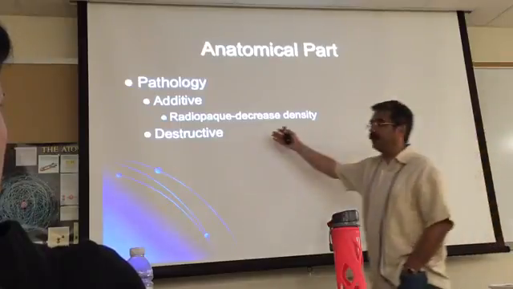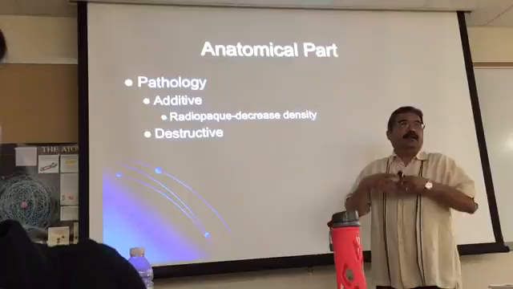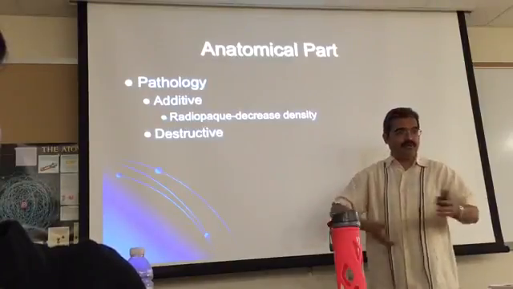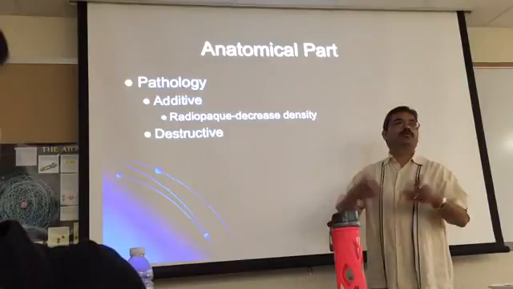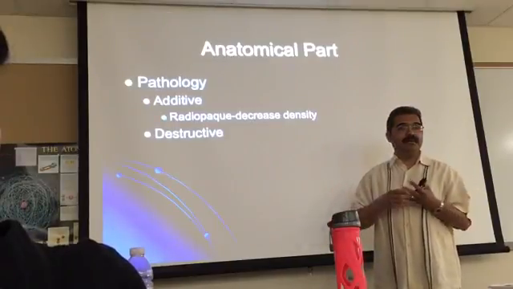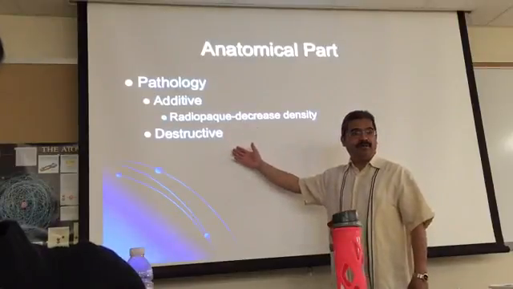And the same thing will happen with the pathology. If you have pathology that is destructive, it means that it is destroying the anatomy. For example, osteoporosis. Okay, the density of the bone goes down, right? And so that's a destructive pathology.